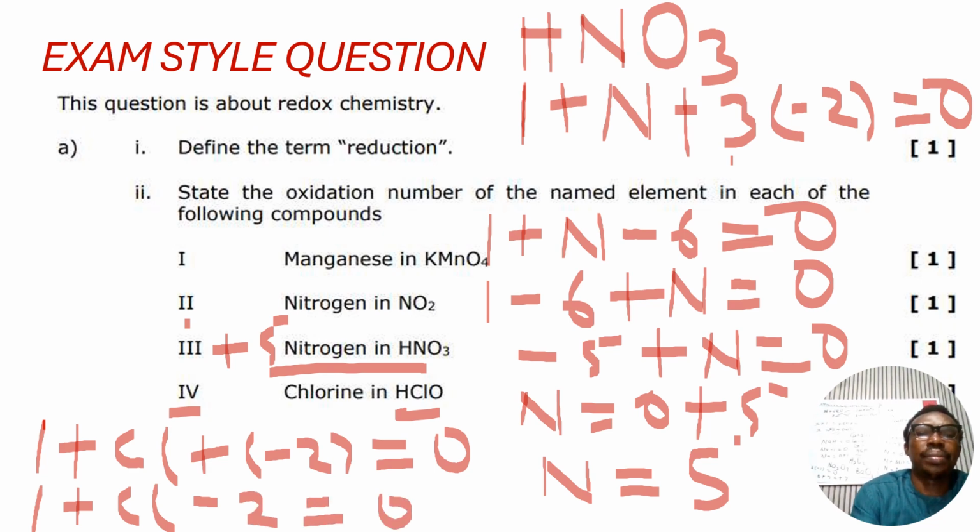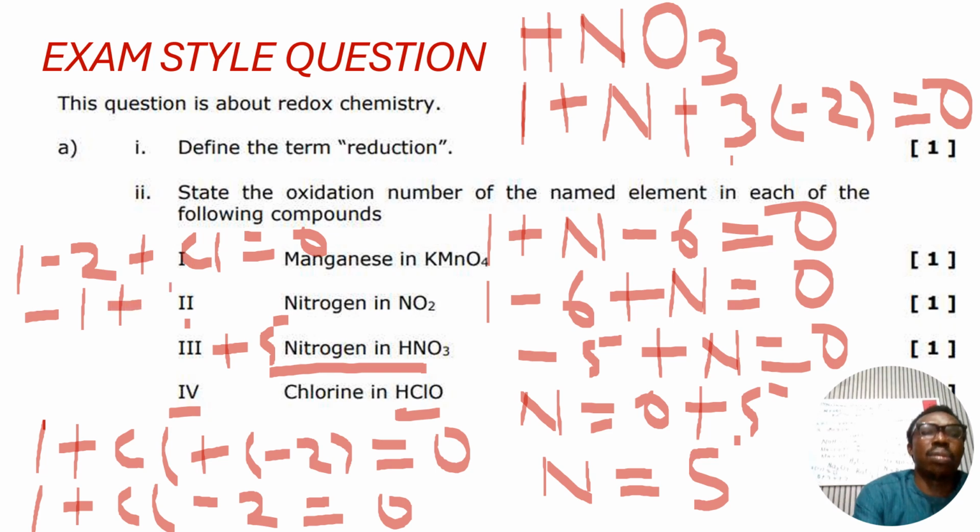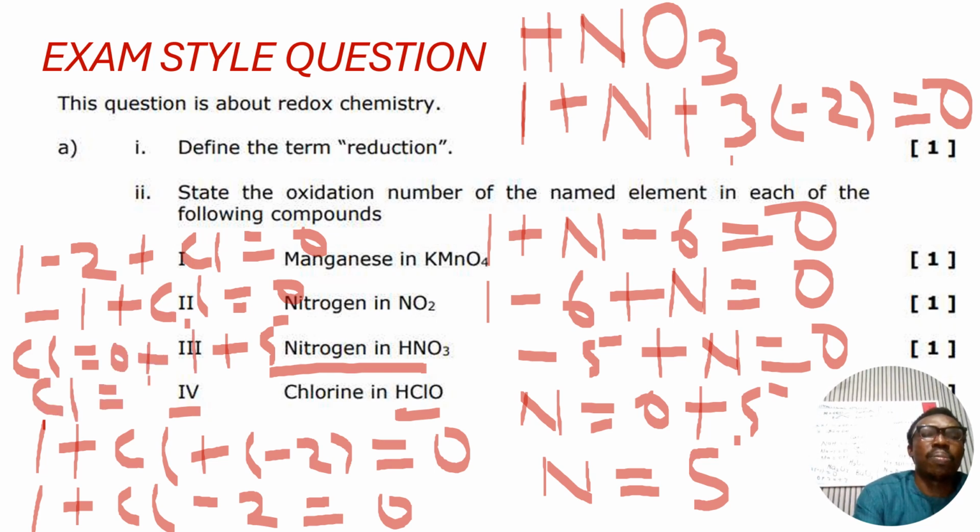So 1 minus 2 plus chlorine equals 0. Minus 1 plus chlorine equals 0. Chlorine will be minus 1 crossed over to plus 1. So the oxidation number of chlorine here is plus 1, which is oxochlorate(I). So it is HClO.